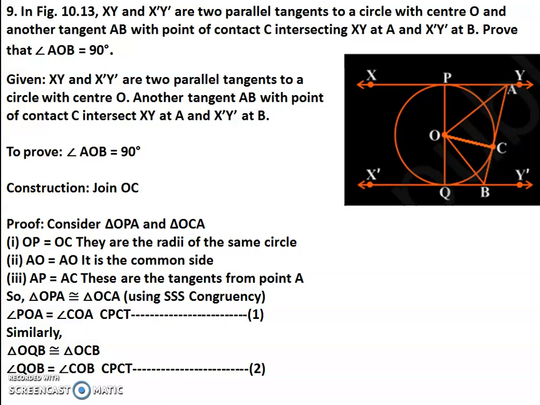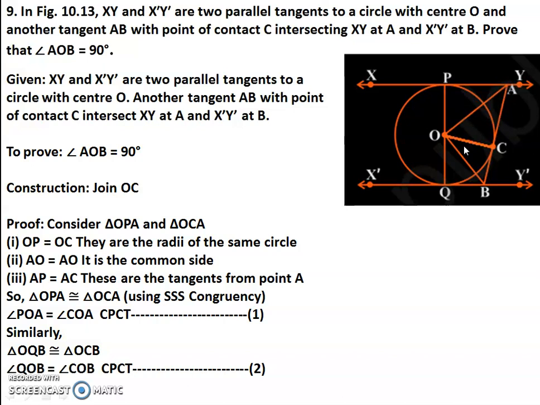Now, OP equal to OC. Why? They are the radii of the same circle. Now, OA is equal to OA. Why? Both the triangles have OA as the common side.